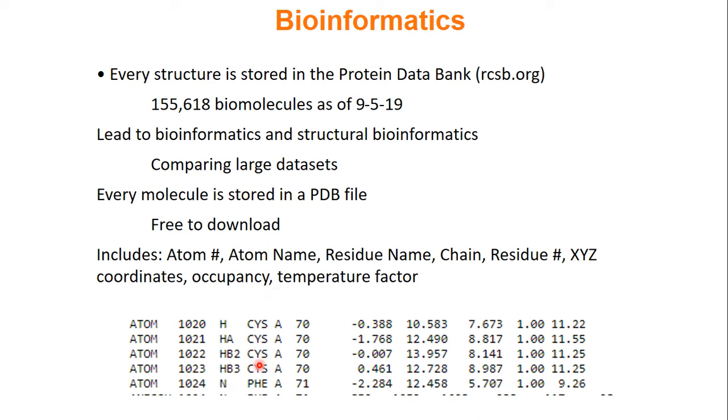What residue we're looking at. What protein chain, if there are multiple chains, usually called A, B, C, and D. What residue number, so cysteine is the 70th residue. Its X, Y, Z coordinates in space. How often you see this atom in the crystal structure? Usually it's always 1. Sometimes you can get something weird like 0.5. We don't need to worry about that.